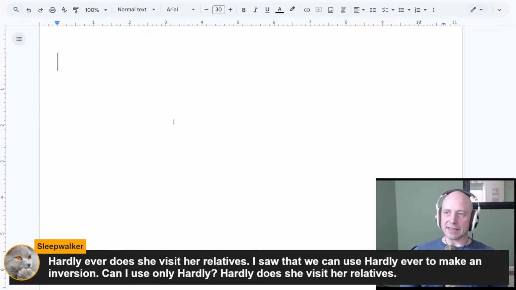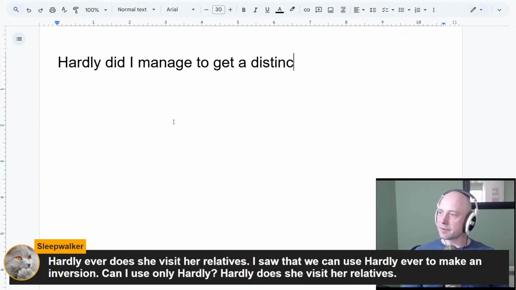Maybe it would be a little bit clearer or a little bit more correct to use hardly with inversion, something like this. Like, hardly did I manage to get a distinction.